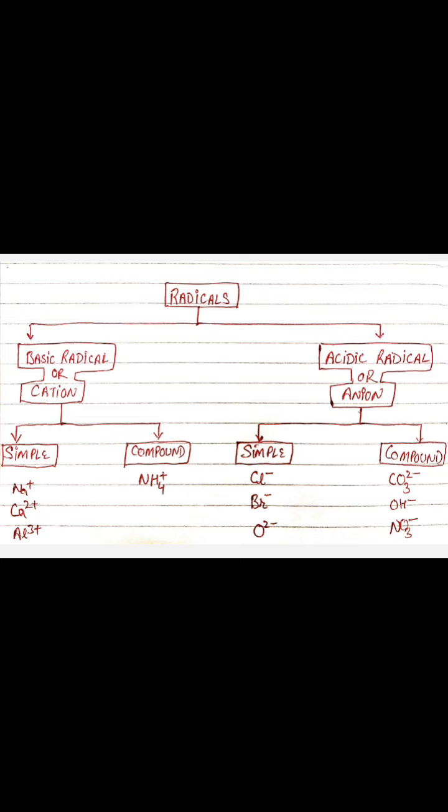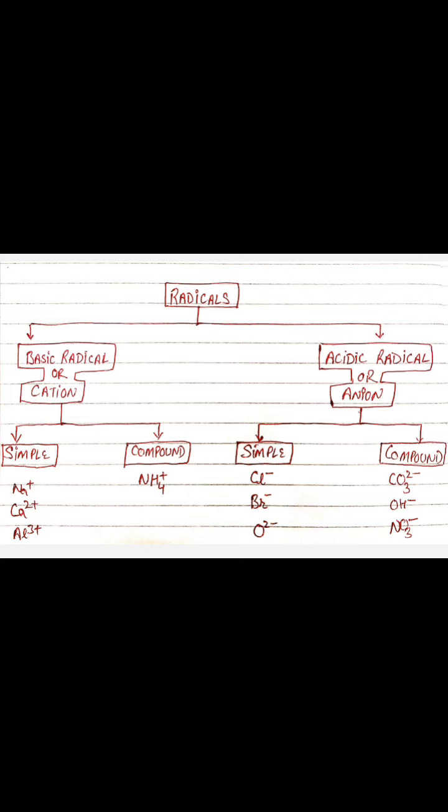As you can see in the examples given here, simple radicals are those made up of only one atom, meaning the positive or negative charge is on a single atom.